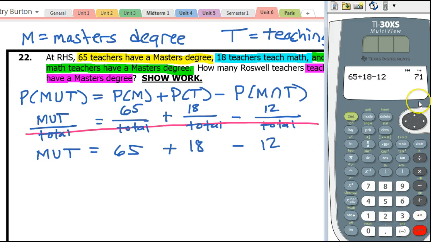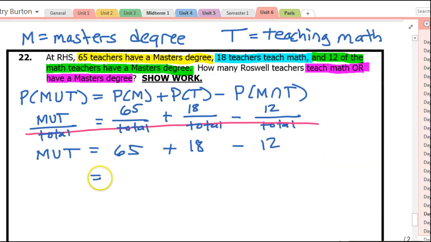So that is 71. So this is going to be 71. That is the number of people that teach math or have a master's degree: 71 people.